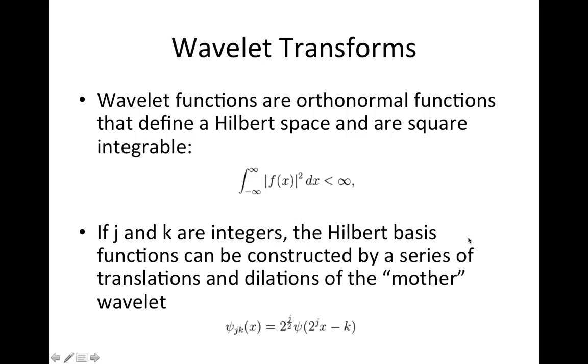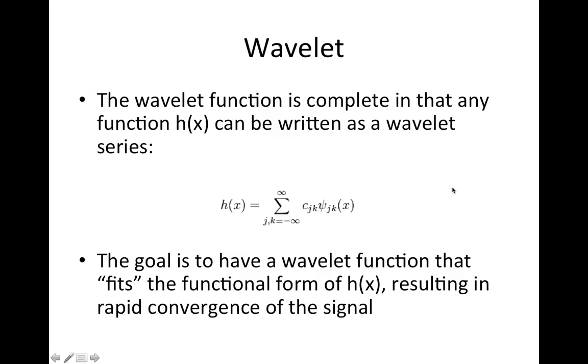The wavelet transform is another thing we'll discuss in more detail later. Wavelet functions are orthonormal functions, and we'll define that in detail later. They basically make up a Hilbert space, and they're comprised of a wavelet function and a scaling vector, so they're used to model things in time domain signals that occur in unique specific places in time.